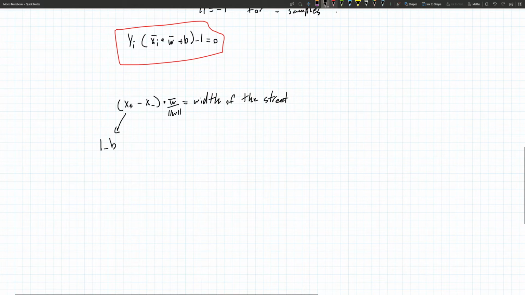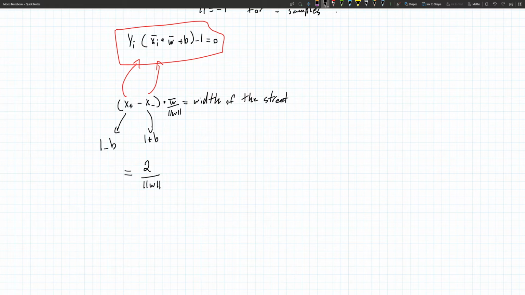When we apply x plus to this or x minus to this, we get 1 minus b for x plus and 1 plus b for x minus. And as these are constants, this will be equal to 2 over the magnitude of w.